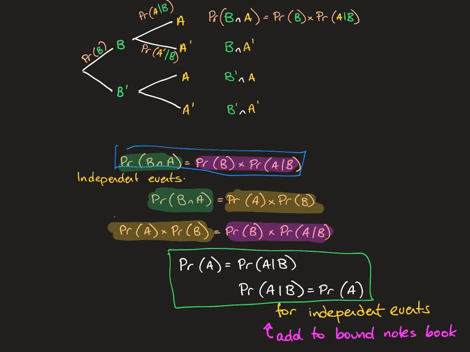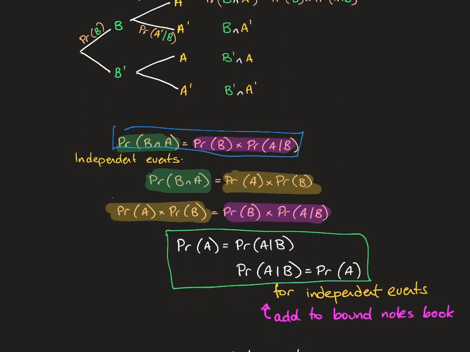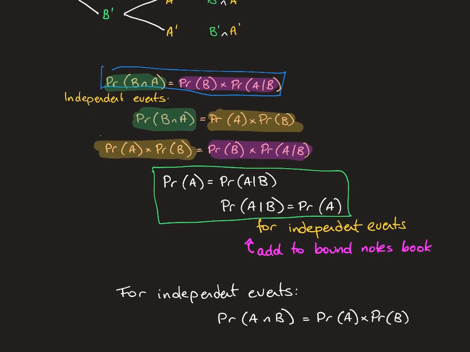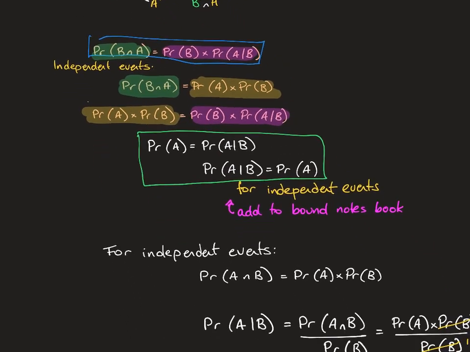Now this isn't on your formula sheet, so this is something that you need to put into your bound book of notes. This is just the same formula rearranged, and so for independent events, you should have two statements.